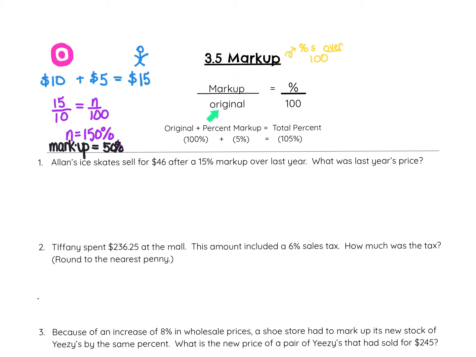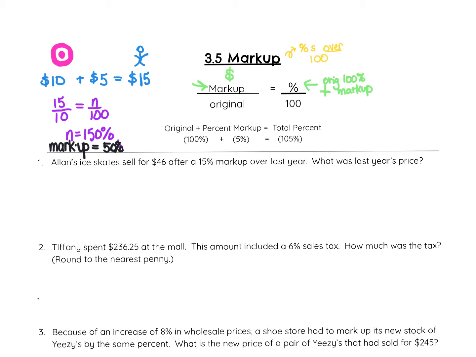The most important thing to remember here with the percent proportion when you're talking about markup is that this percent is the original percent of 100 plus the markup percent. So it's always going to be bigger than 100. And it's going to match over here.